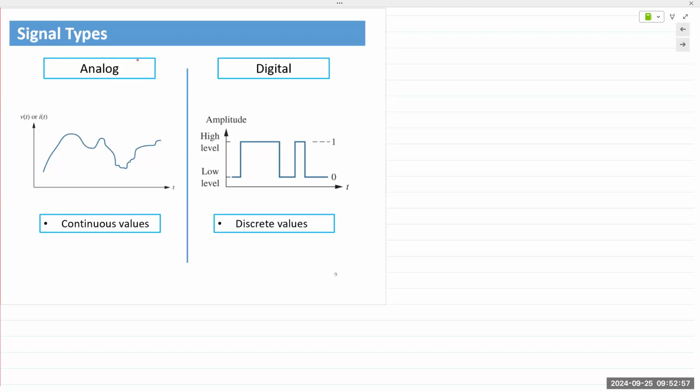Maybe someday. So continuous time signals, analog, because the signal has a value at any given point in time. There is no break. Digital signals, on the other hand, have discrete values. Depending on the moment in time, the value will be separated by time. So continuous values and discrete values.